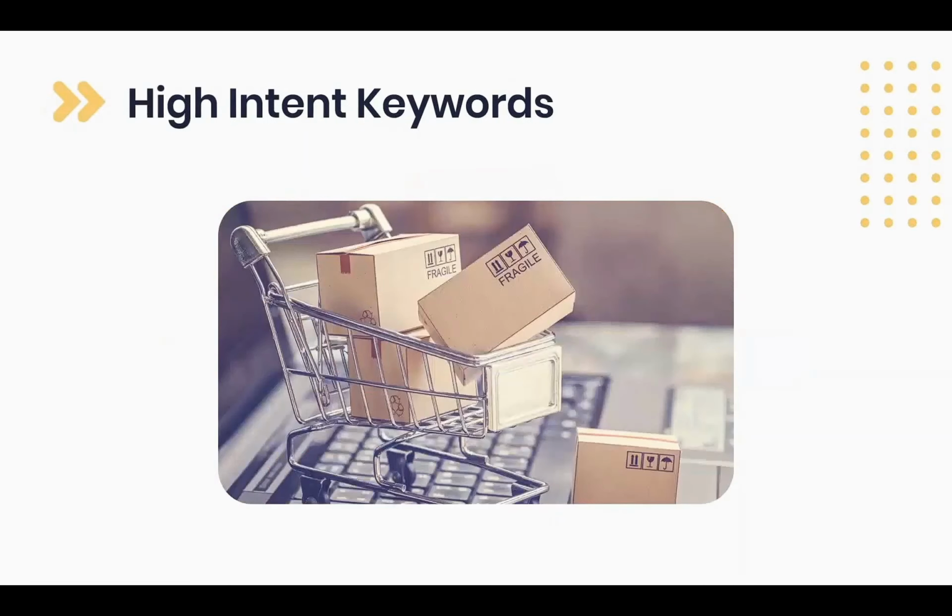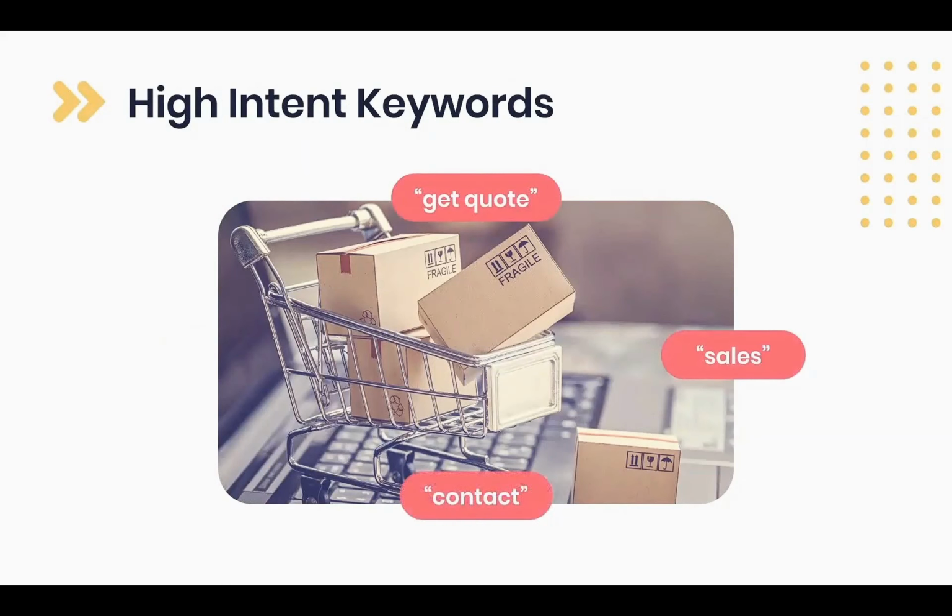Then high intent keywords typically include terms like get a quote, a sale or sales, contact or contact details, buy a book, free delivery, etc. And very specific searches like a 3-seater black suede Madison couch. That is super specific.